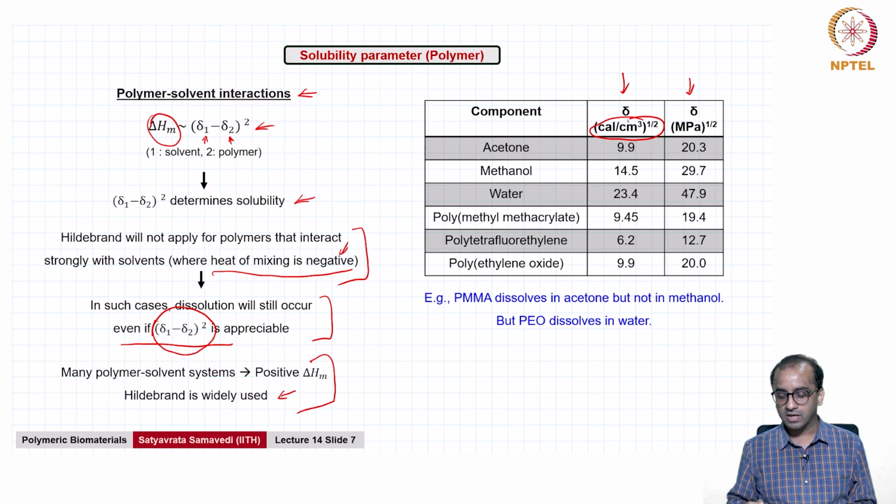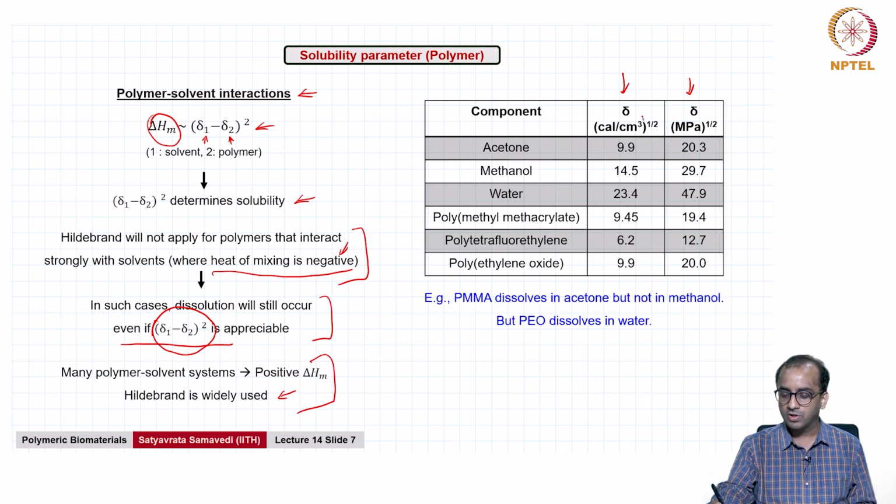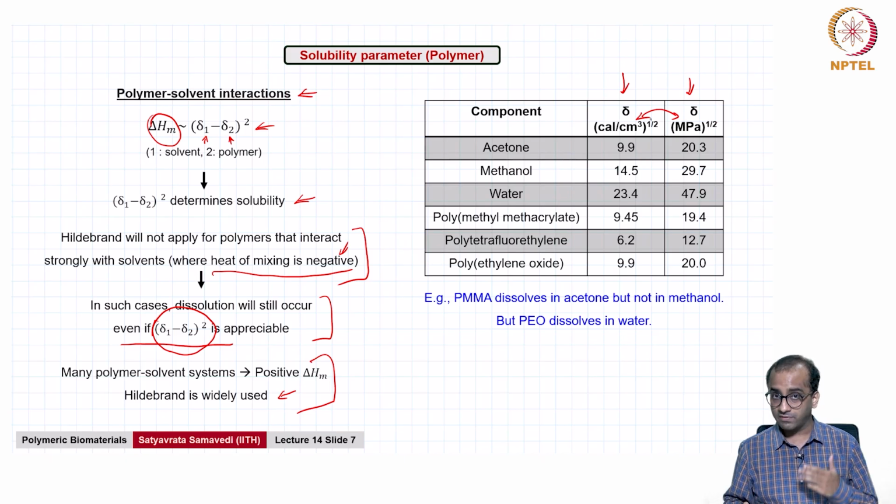It's reported in cal per centimeter cube, the whole to the half, and you will also have, more commonly, the megapascal to the half also being used, and from simple dimensional analysis you can show that these are equivalent, and I will leave it as an exercise to you. But what's important to keep in mind is when you're looking at the parameters, it's important to ask what units you are working with, and if you have one, you can get the other as well.